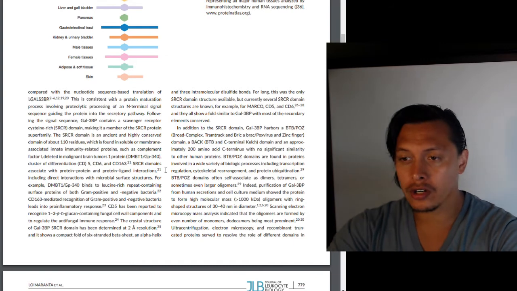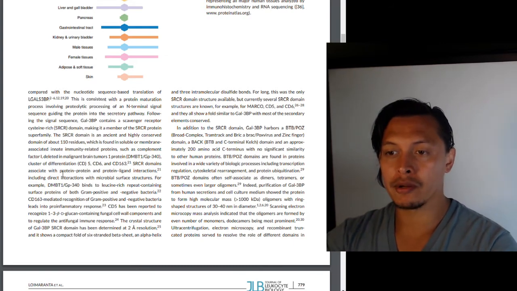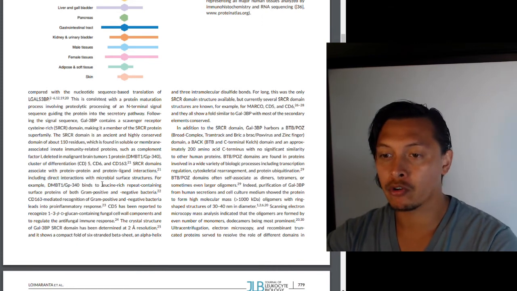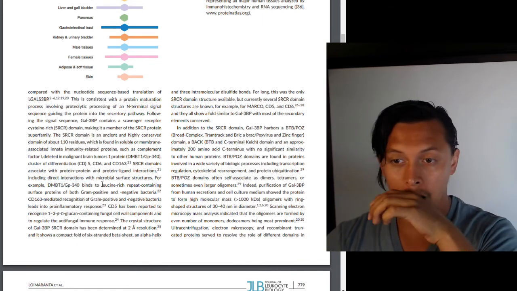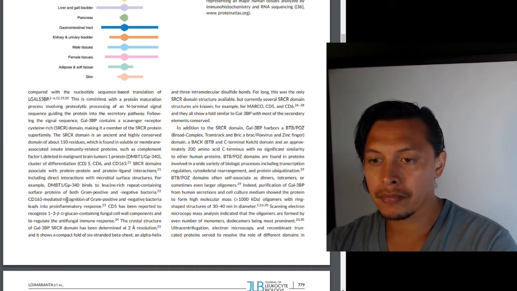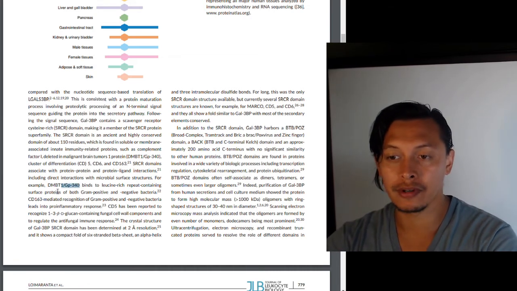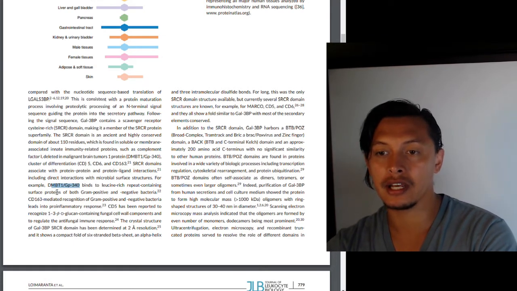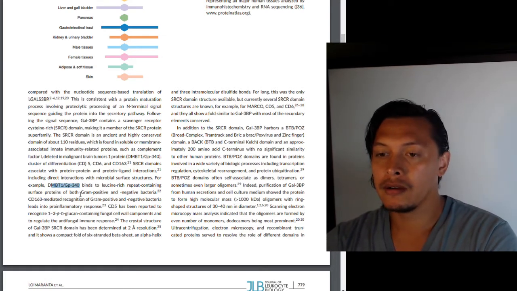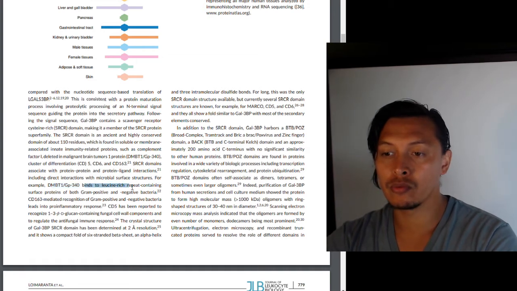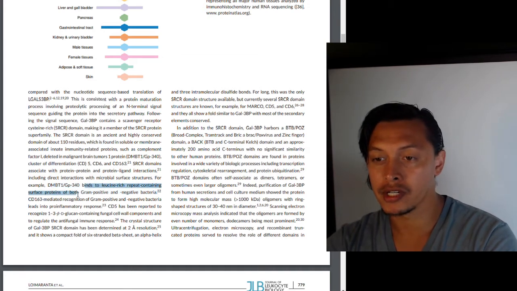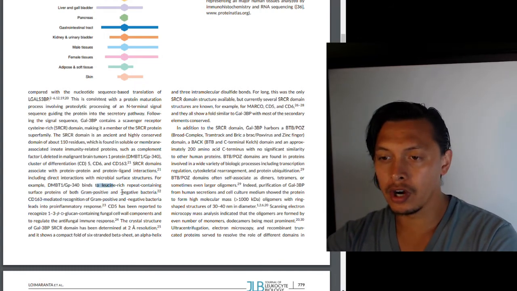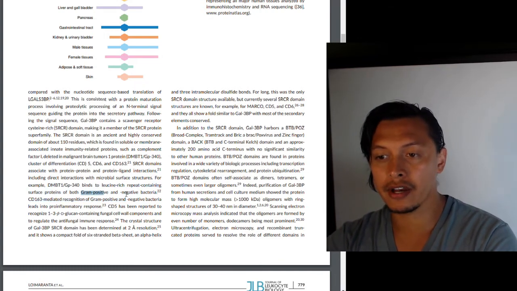Anyways, the SRCR domains associate with protein-protein and protein-ligand interactions, including direct interactions with microbial surface structures. For example, DMBT1 GP340 binds to, and remember that's the deleted in malignant brain tumor 1 protein, the leucine-rich repeat-containing surface proteins of both gram-positive and negative bacteria.